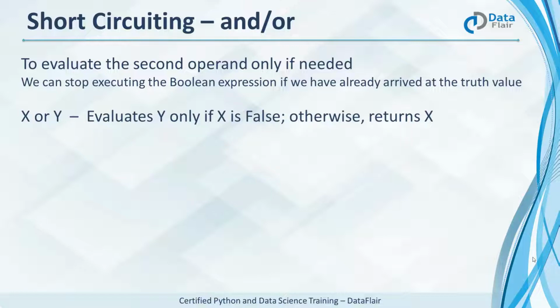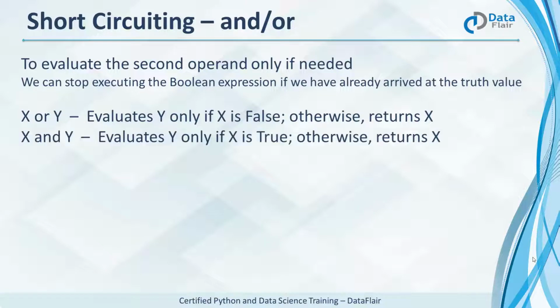If X is true, it returns X because even if one operand is true, the entire expression has a truth value of true. So it makes no sense to evaluate and analyze the truth value of Y. X and Y only evaluates Y if X is true. If X is false, there's no use evaluating and analyzing Y because the entire expression has a truth value of false.